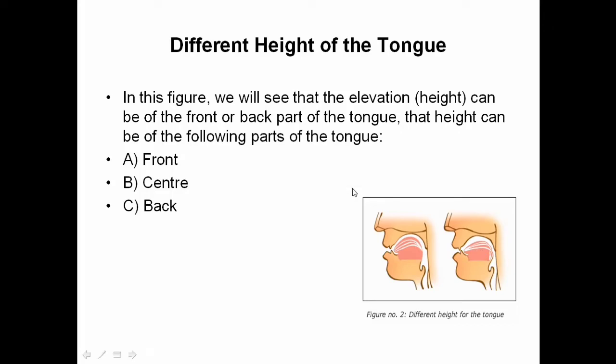That height can be of the front part, the center, or the back. Here we have the height of the back part, and you can see the central part as well. So these are the different heights of the tongue.